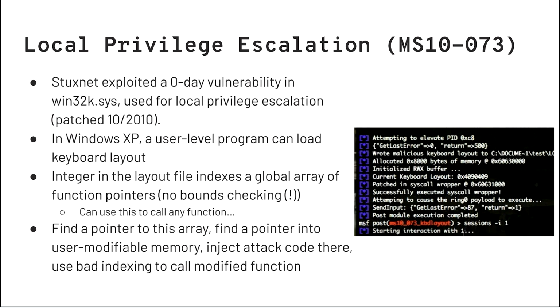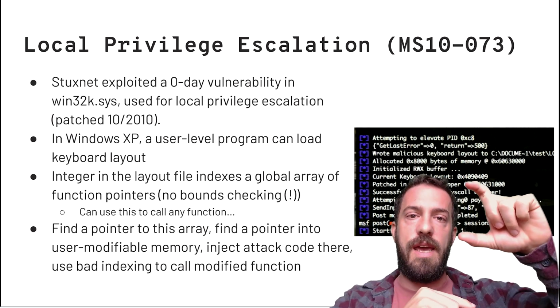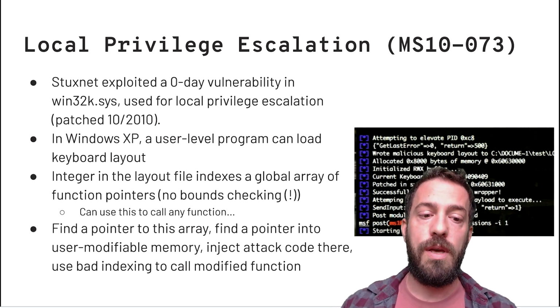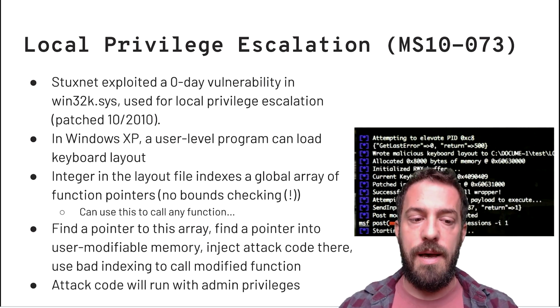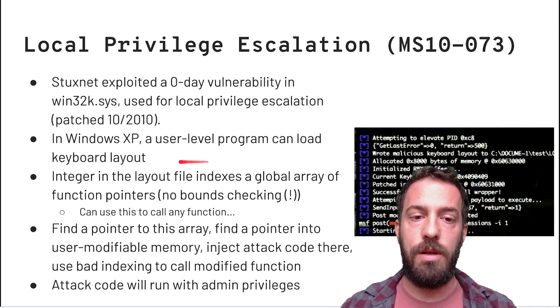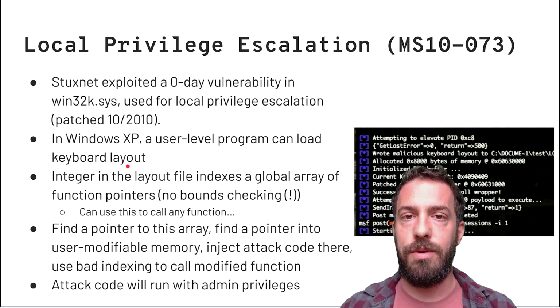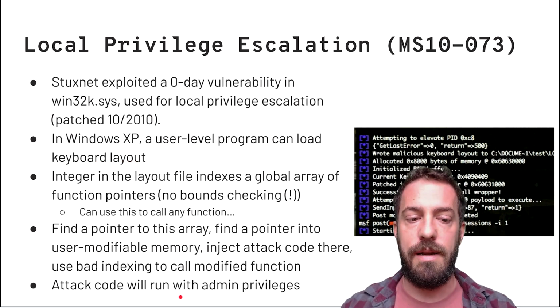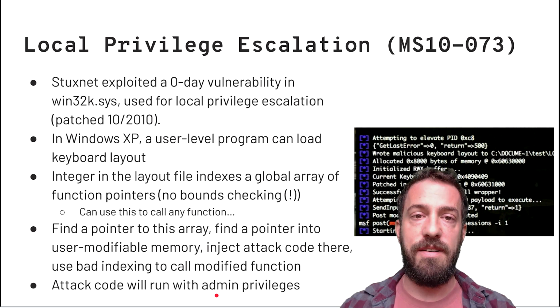So if you have the array, and then you put your code after the array, you can jump far enough to enter your own code, and this code will run with admin privileges, because when you call this keyboard layout, this is a kernel process. So running this will run your code with administrative privileges.